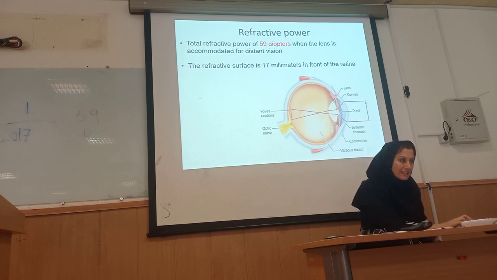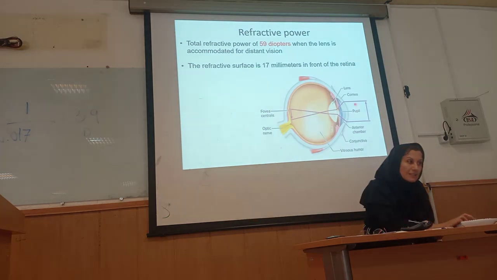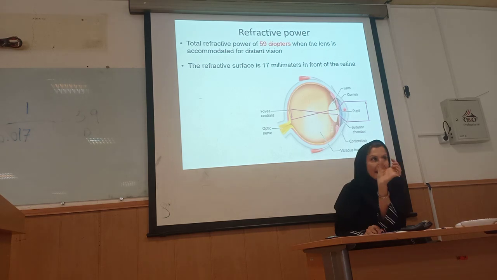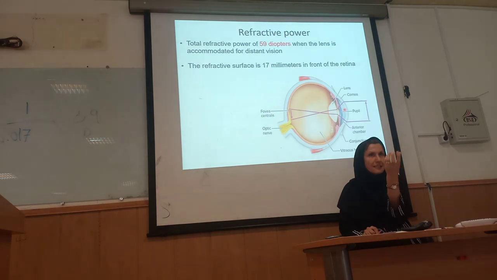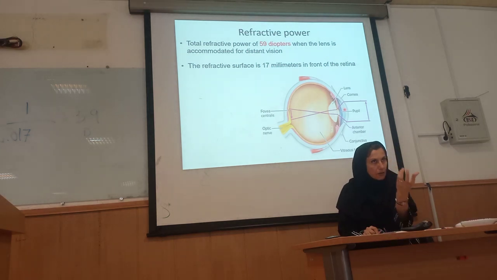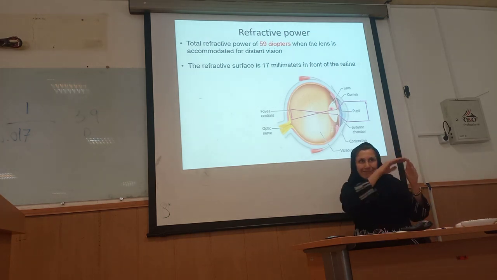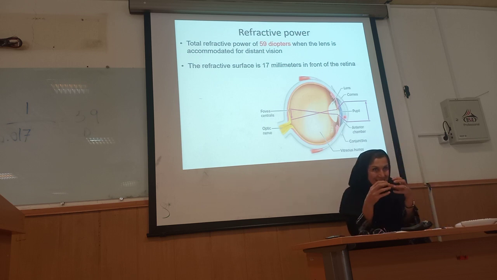Pay attention. On this side of the cornea we have air. But in the back of the cornea we have liquid. So the difference between air and liquid in density is so large. But what about the lens? On the front side of the lens is a liquid, but in the back is a gel. The difference in density is too low.